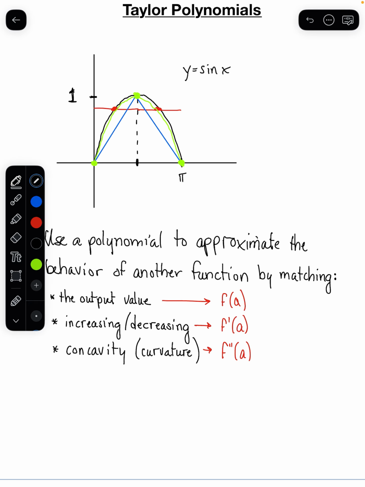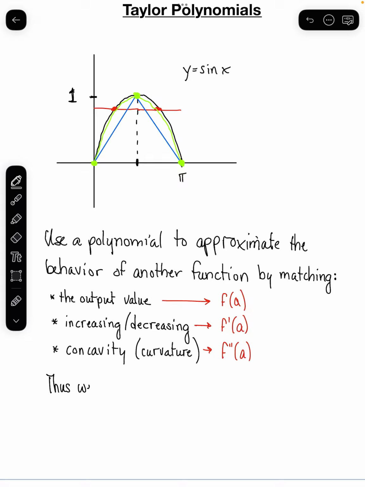So at this point, we run out of names that we're familiar with for what these things measure, but the idea is that we want a polynomial to match n orders of derivative of the function.